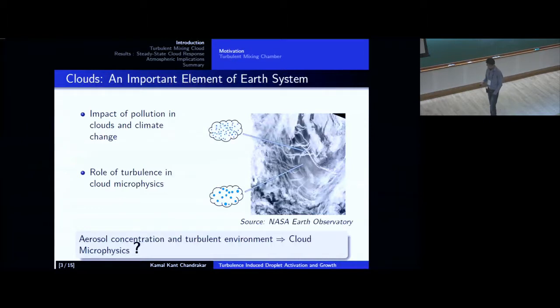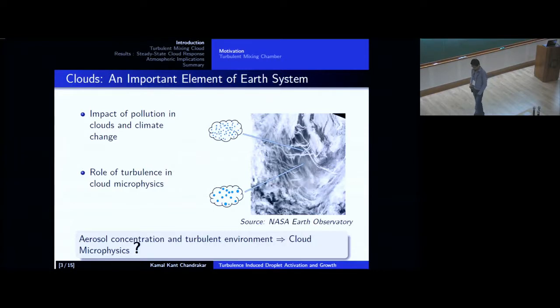But in the current era of industrialization and development, we are producing a lot of pollution, and this pollution is affecting our climate. One effect of this pollution on our global climate is through clouds, and it's also one of the largest uncertain sources for climate change prediction.